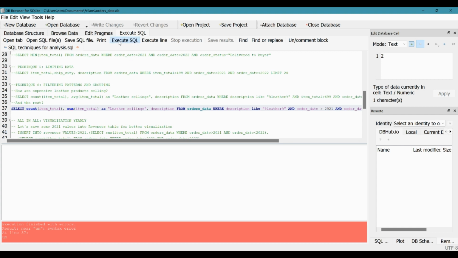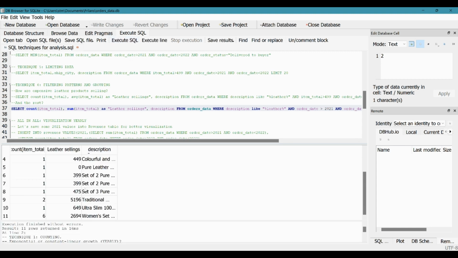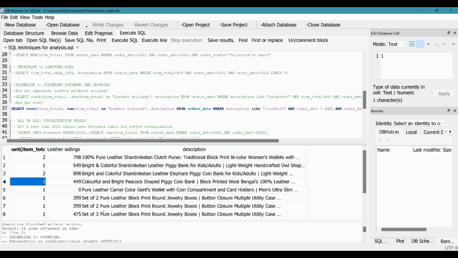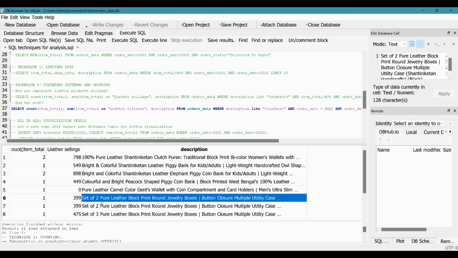So this gives me also meaningful information: leather is not only selling in expensive products, there are a certain amount of products which also are selling, like this colorful and bright peacock shaped piggy coin bank, which is 449, or these two pure leather block print jewelry boxes, which also are selling.